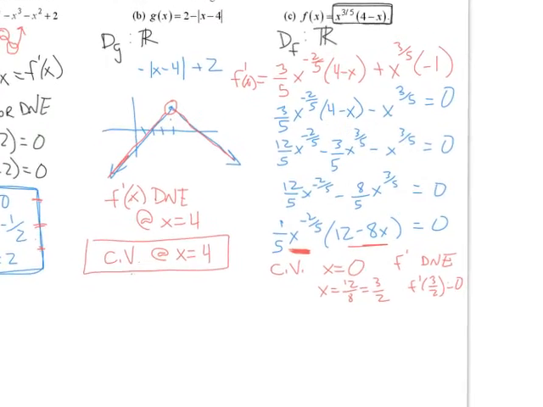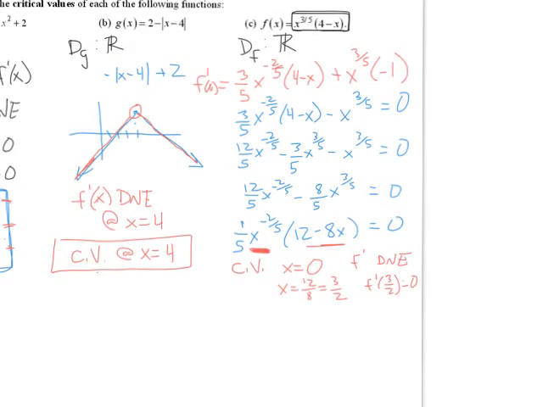If we compare those to our graphs, then the graph of this, looking at it on a calculator, we get something that looks something like that. And at 0, we have a vertical tangent line, and that's going to oftentimes occur when the derivative does not exist. And then at 3/2, we have a horizontal tangent line, and that's where our derivative is equal to 0.